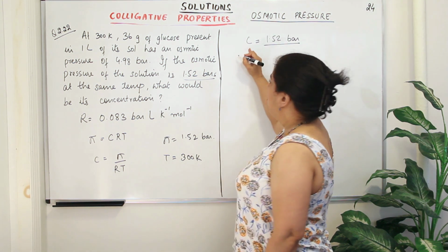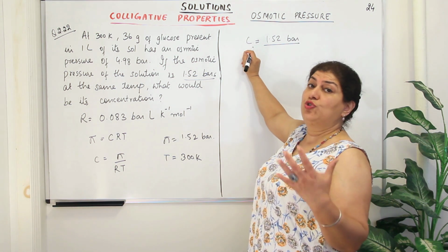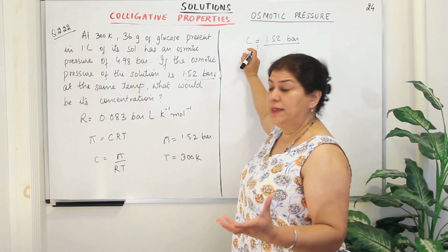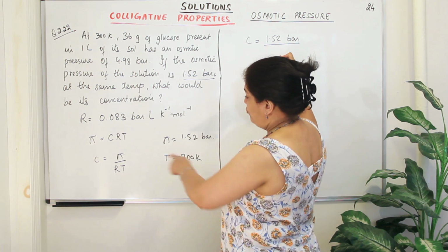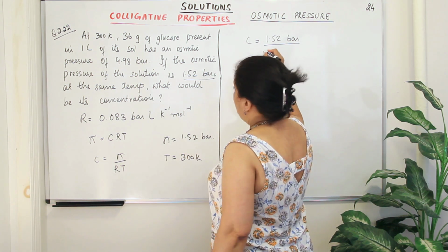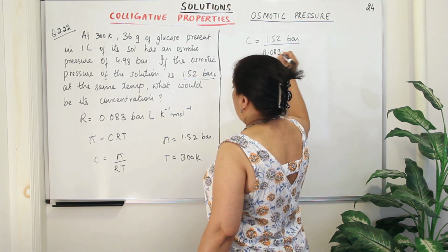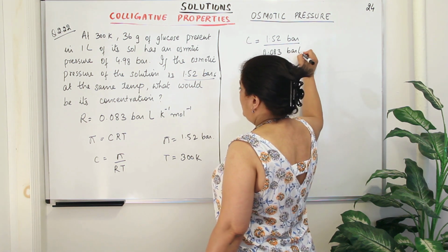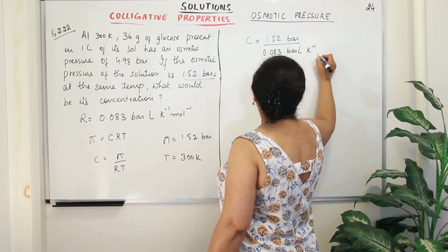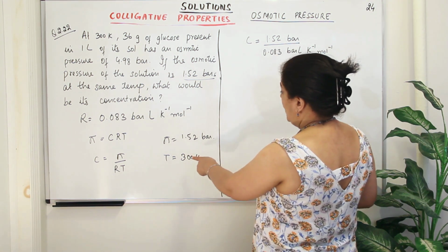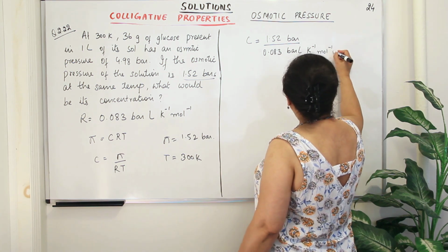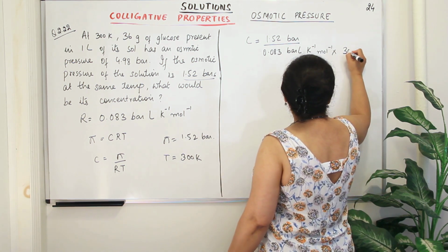Now concentration is molarity, so you should get your answer in moles per liter. So concentration is to be calculated, and 1.52 bar upon R is 0.083 bar liter per Kelvin per mole. So the mole would go in the numerator now. And temperature into T, which is 300 Kelvin.